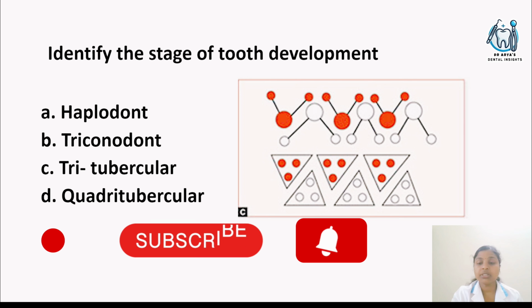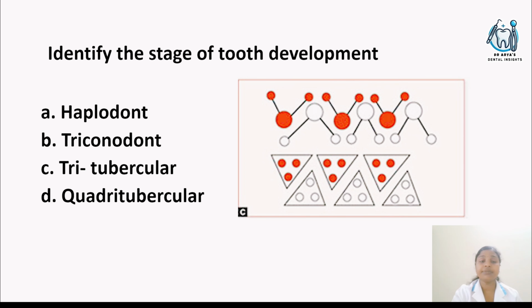So coming to the type of question which asks to identify the stage of tooth development, keeping all these in mind, you can answer this question. Is it haplodont, triconodont, tritubercular, or quadritubercular? Which one is the answer? It is tritubercular, a more efficient molar pattern, that is three cusps in a triangle.